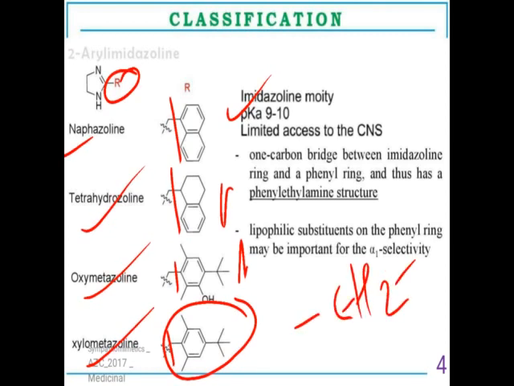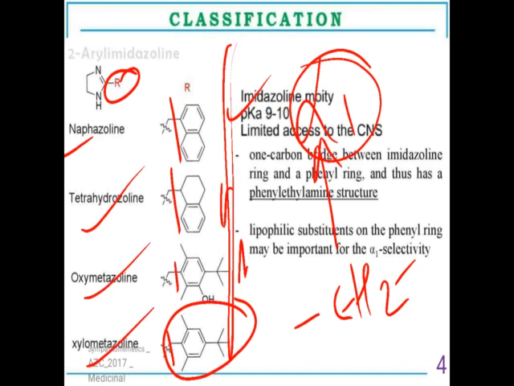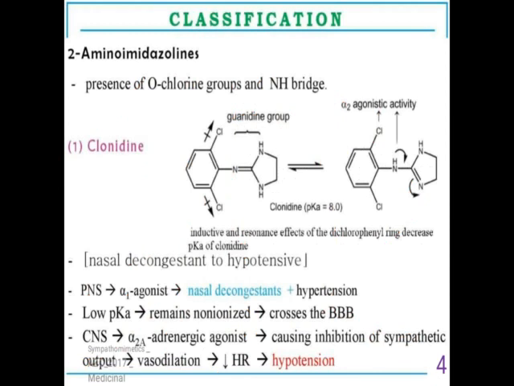If the bridging unit is a CH2 group, it becomes an alpha-1 agonist. So all these drugs are alpha-1 agonists. If it is nitrogen, an amine, it becomes alpha-2. But all these structures have CH2, so they are alpha-1 agonists rather than alpha-2 agonists.